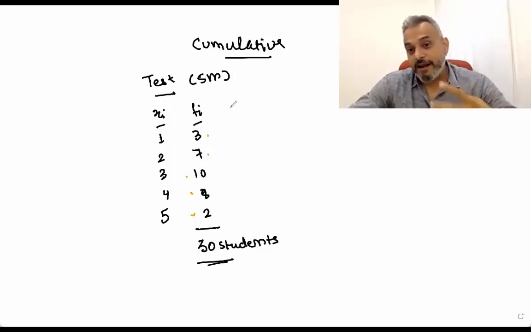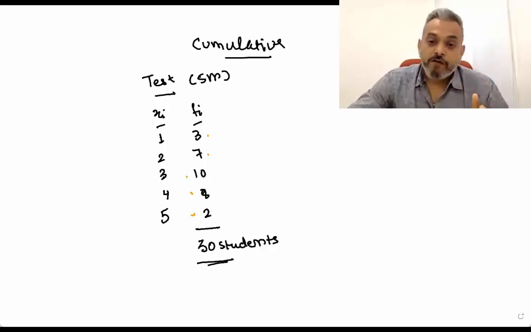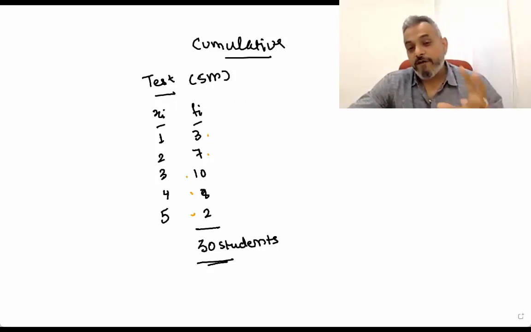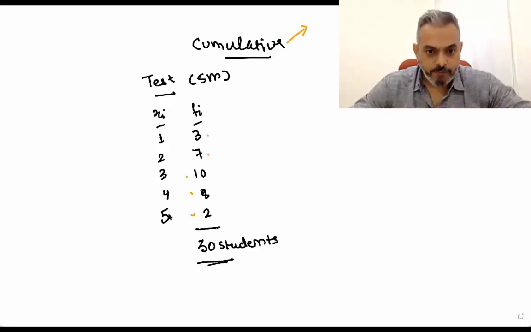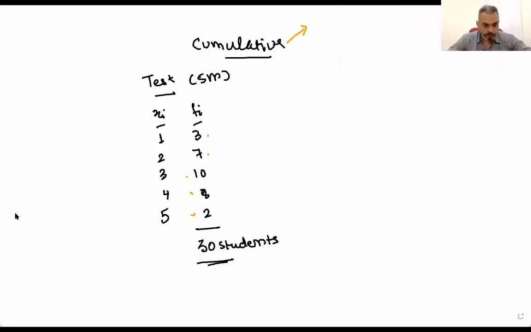But if the data is bigger or numbers are bigger and we want to have a ready-made format of this, so what we do is we find out two types of cumulative frequency. One is less than type, other is more than type.